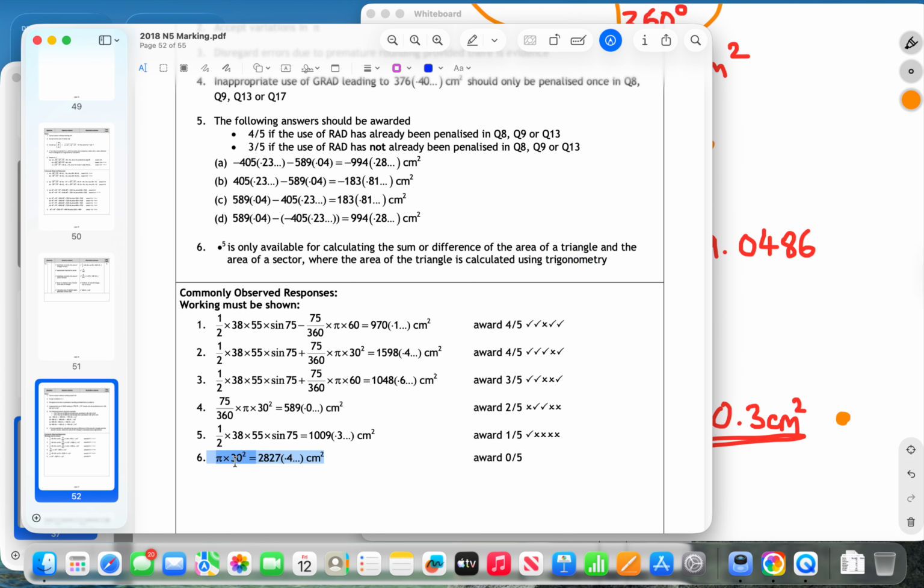This would have cost you all of the marks if you just found the area of a full circle, because it doesn't ask for the area of a circle. It asks you to find the shaded area, which involves you finding that of the sector, with the sector being a portion of a full circle.